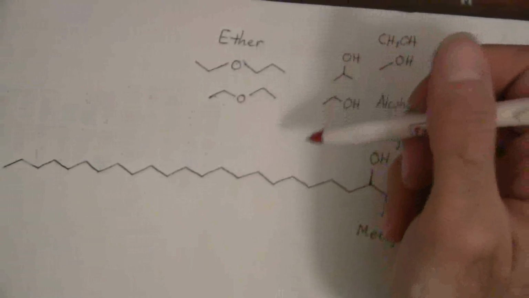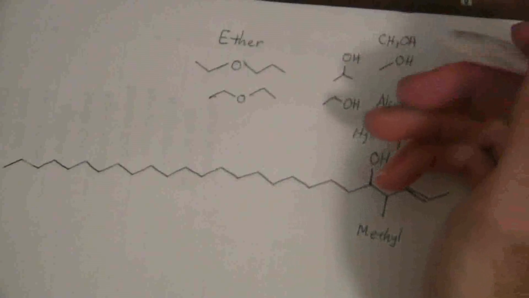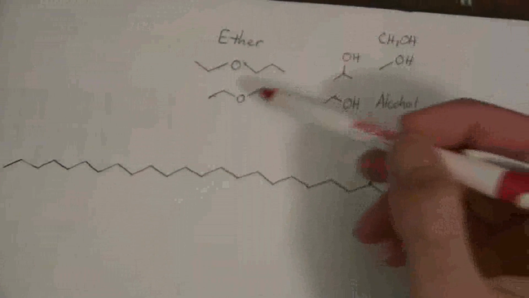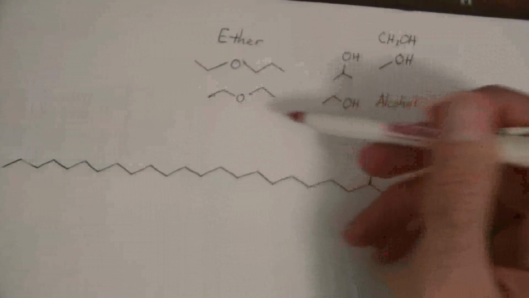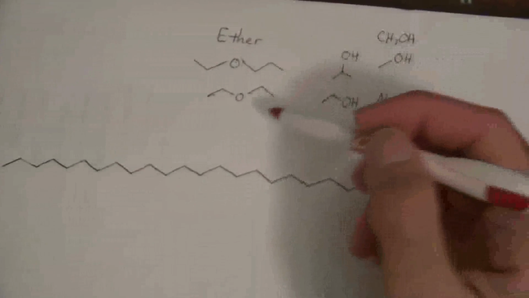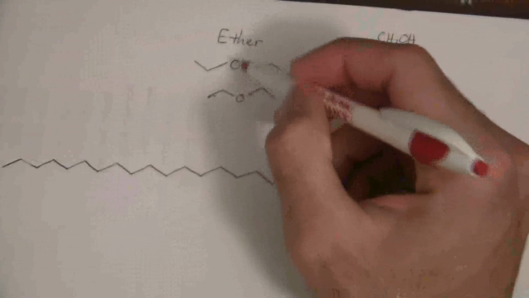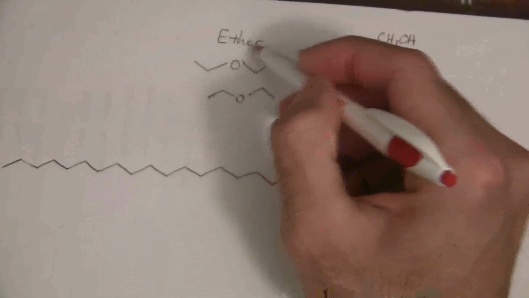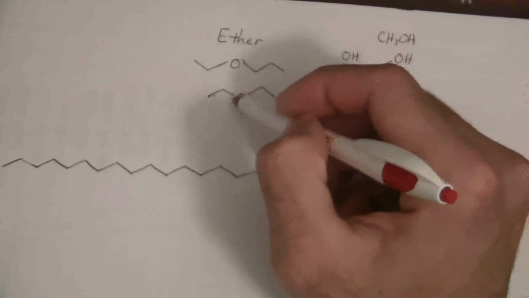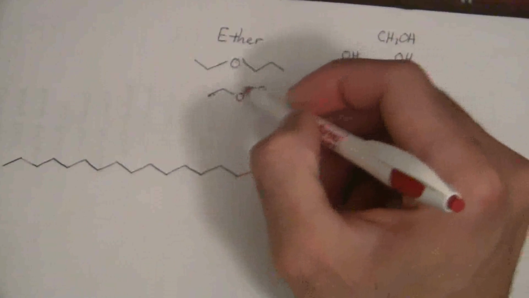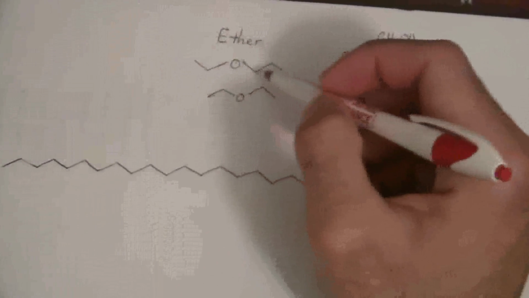But ethers are also commonly used as solvents. They will dissolve many different organic compounds, and they also are easy to remove because they have a low boiling point. But the key thing here is to recognize and associate the name with this group where the oxygen atom is between two carbon chains of any length.